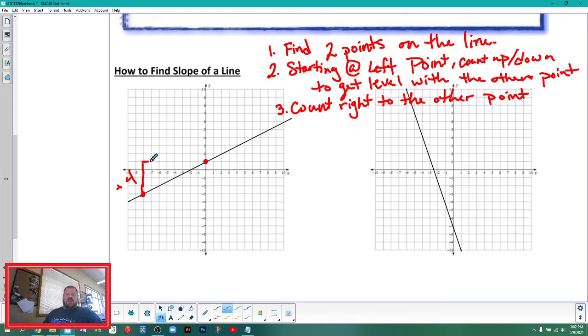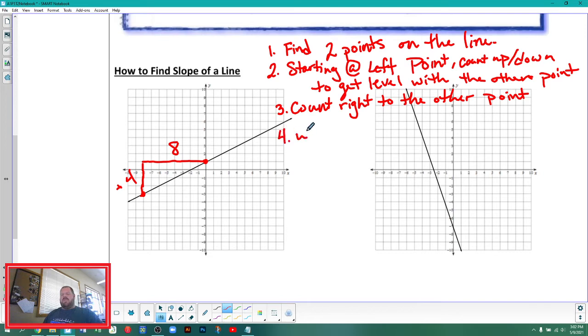From the elevator, I'm passing 1 door, 2 doors, 3 doors, 4, 5, 6, 7, 8 doors. 8 doors to get to his office. And again, if I start at the left point, I'm always going to be counting right. That's why I say count right to get to the other point.